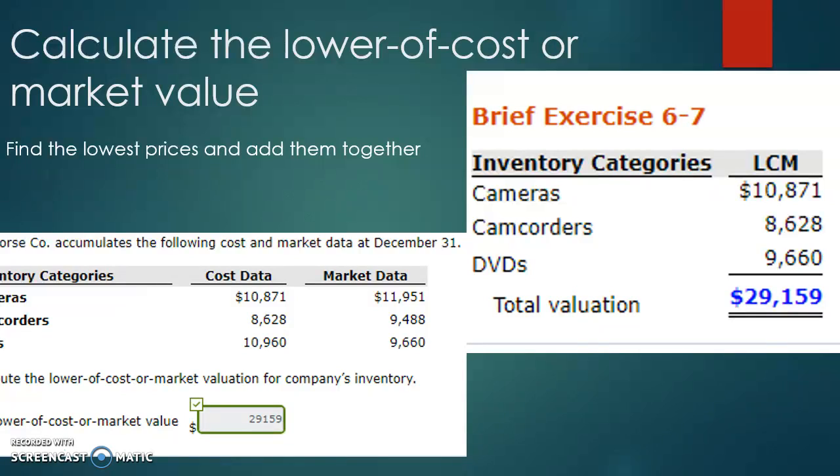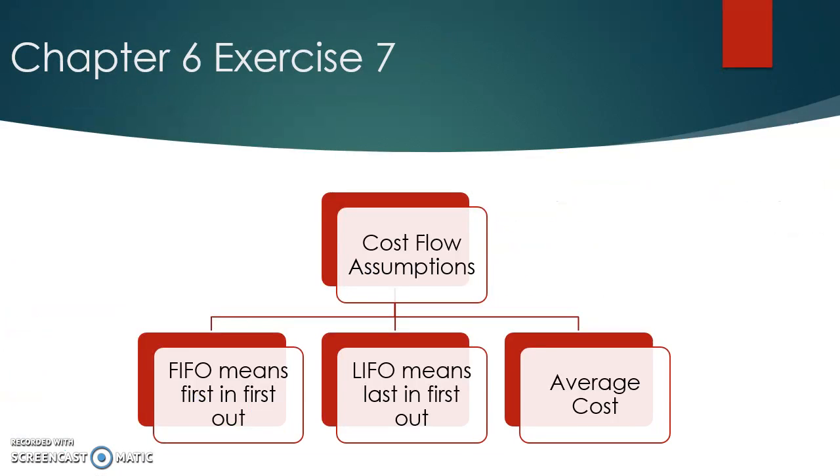Okay, let me move to the next exercise that was also part of my assignment. The next exercise has to do with the cost flow assumptions. I captured these three items here to indicate the cost flow assumptions.